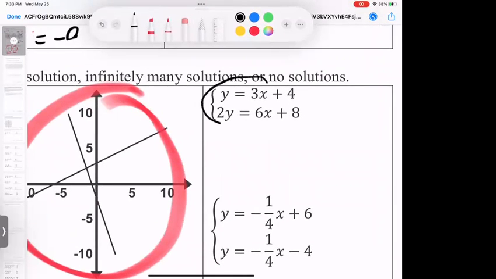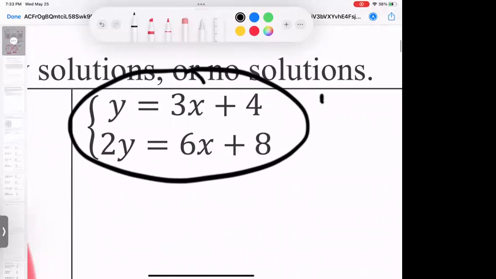Can you please help me figure out how many solutions this system has? If it has infinite solutions, you should be able to use any method. Yes, it does: infinite solutions, basically any number. In here, the first equation is y is 3x plus 4.